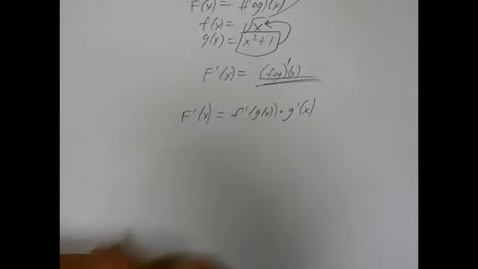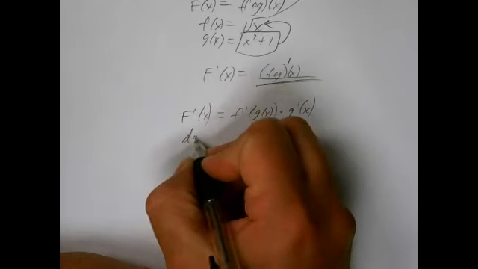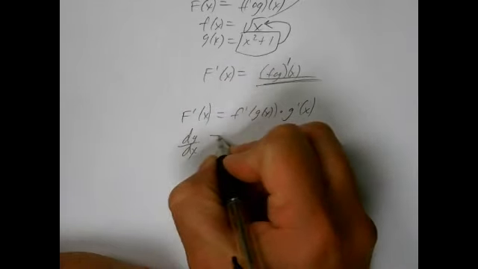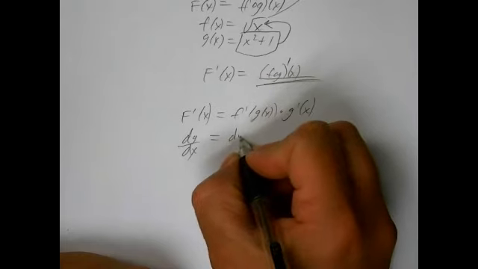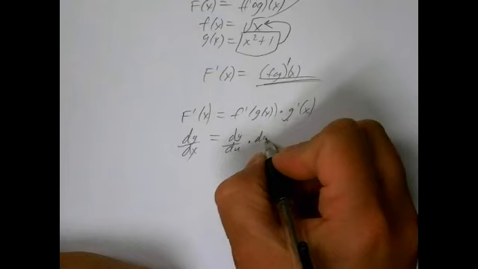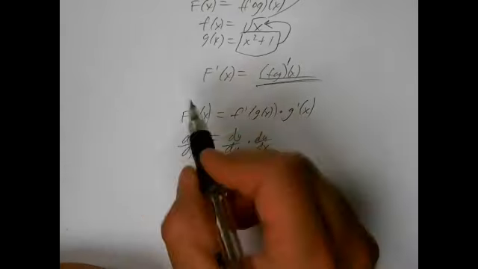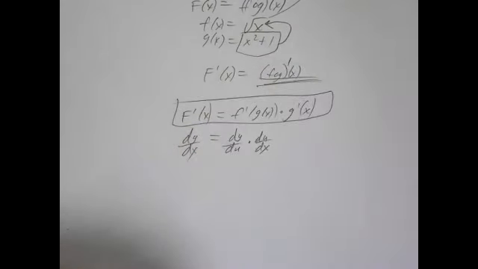If you put it in Leibniz notation, which you see very frequently, it says that dy dx is equal to dy du times du dx. Now, which notation is better? Well, it really doesn't make much difference. But for the sake of example here, I think I'm going to stick with this one.